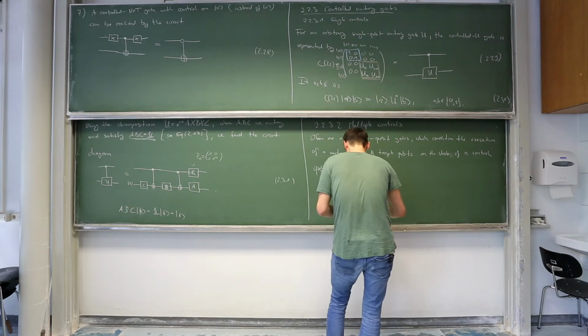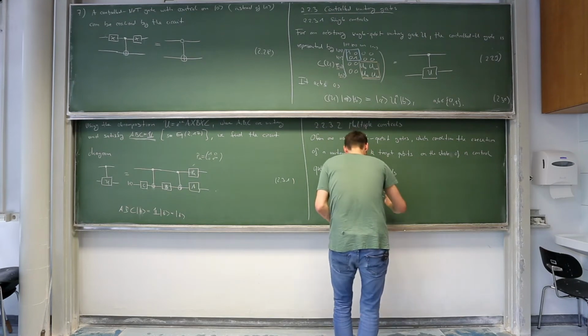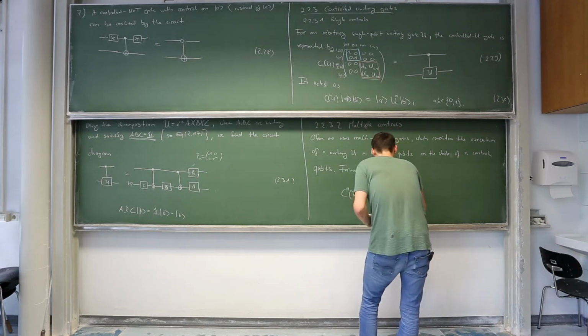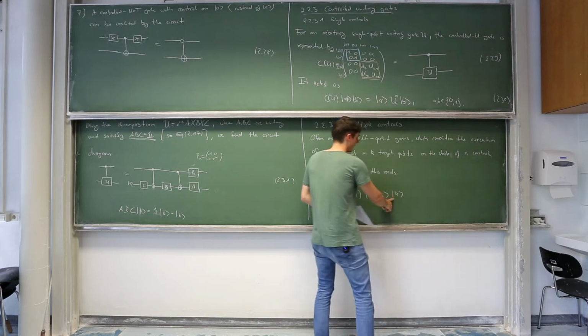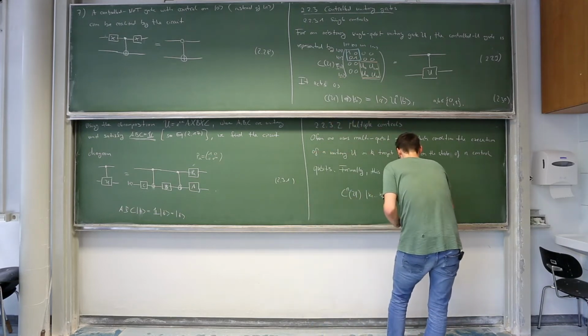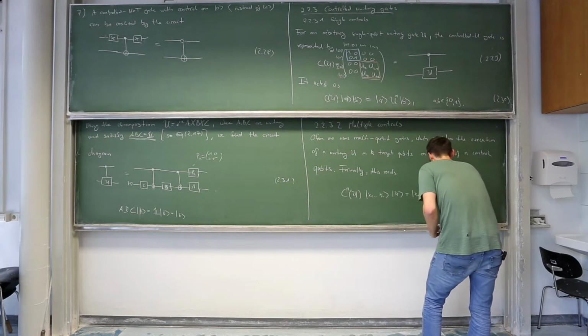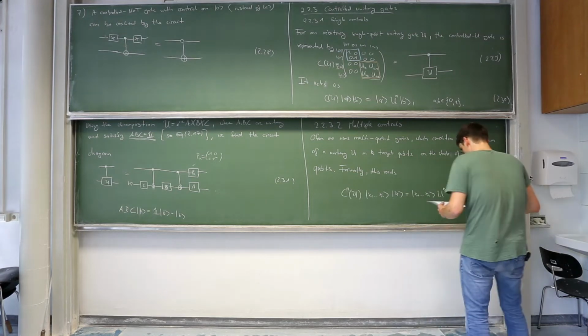So we have x1 to xn as the control qubits, and we have, say, psi, which is a k qubit state, and this is equal to x1 to xn, and then we have U to the power of x1 to xn on psi.